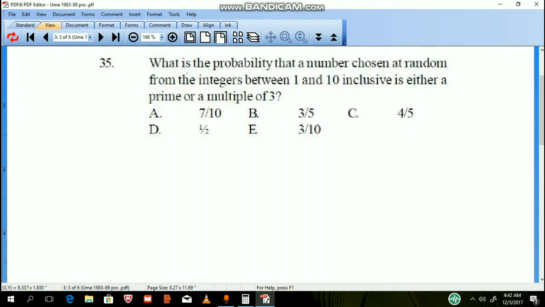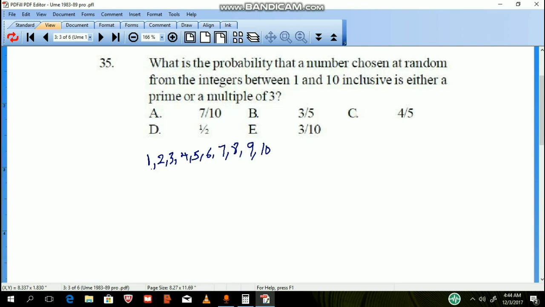Here we are told, what is the probability that a number chosen at random from integers between 1 and 10 inclusive is either a prime number or a multiple of 3? Okay, so we have from 1 all the way 1, 2, 3, 4, 5, 6, 7, 8, 9, 10.